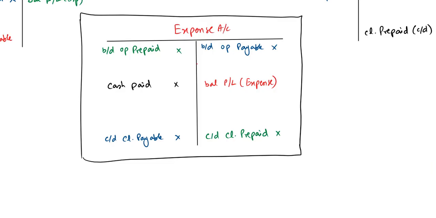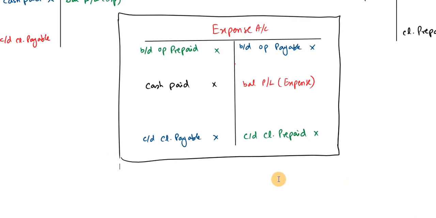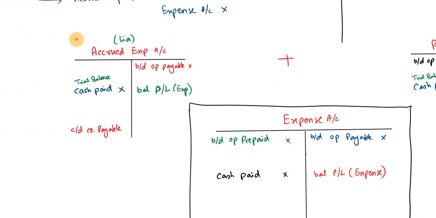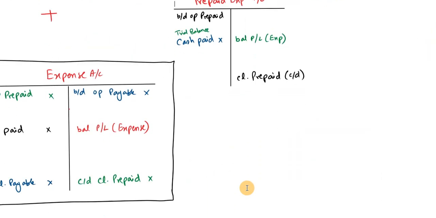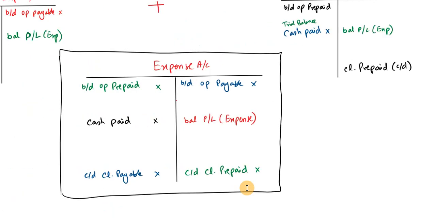In this class we have discussed the format related to accrued expense, the ledgers related to prepaid expense, and the combined ledger of accrued and prepaid expense account.